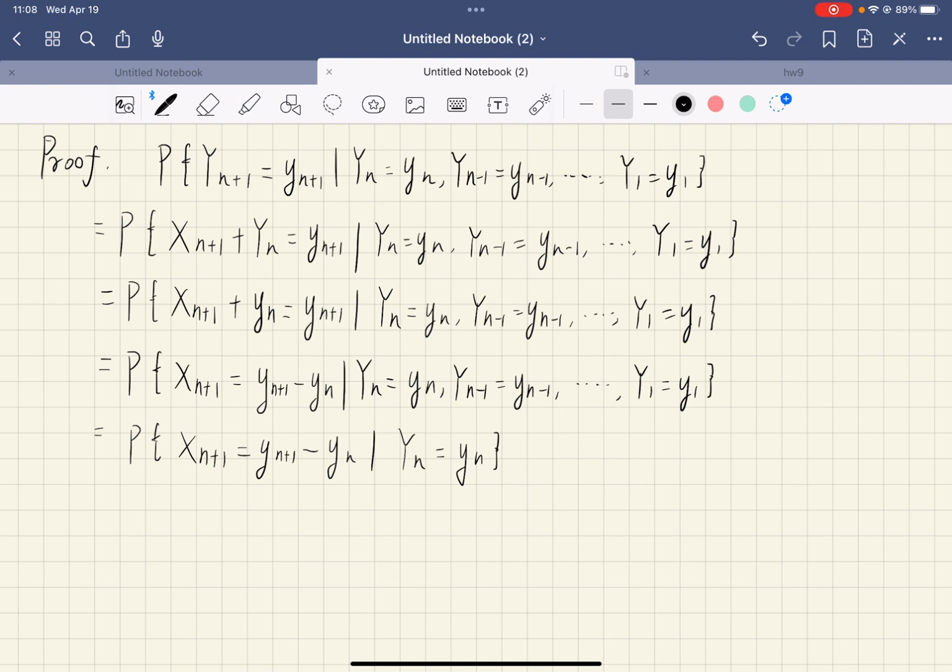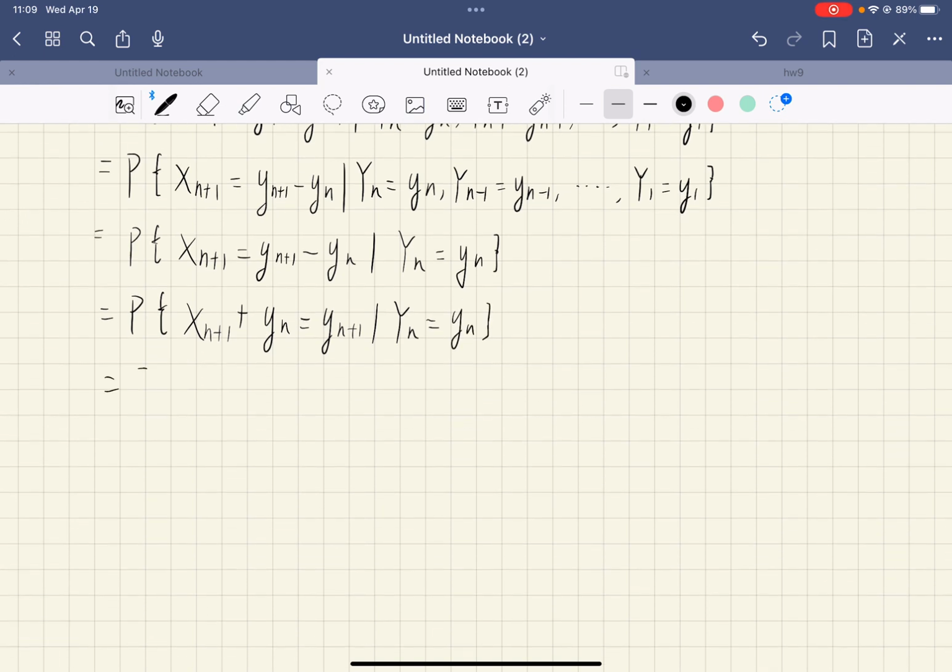Let me check again. Yes, I think this is right. And this should be equal to the probability of capital X n plus 1 plus lowercase y n equals lowercase y n plus 1 based on capital Y n equals y n.